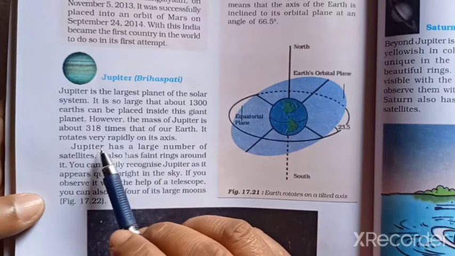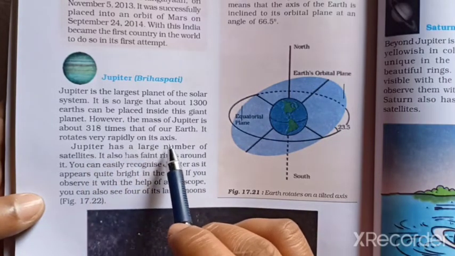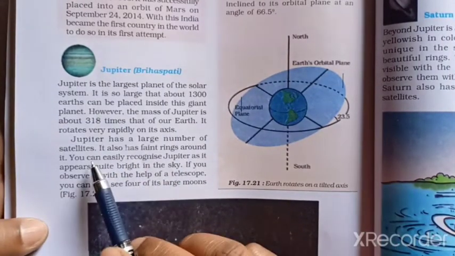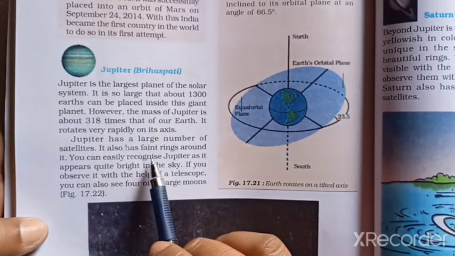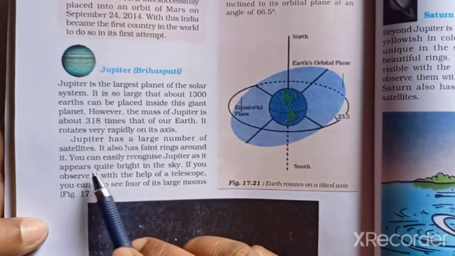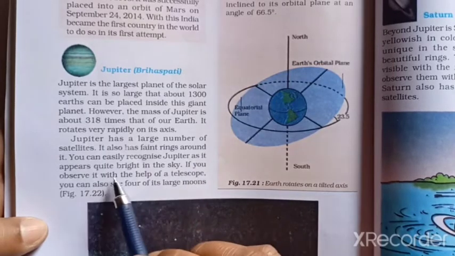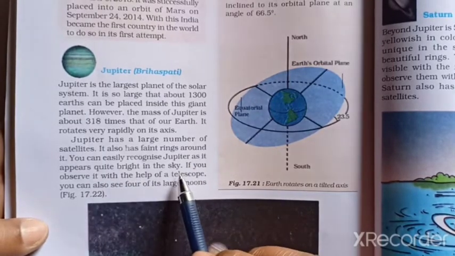It rotates very rapidly on its axis. So Jupiter has a large number of satellites. It also has faint rings around it. You can easily recognize Jupiter as it appears quite bright in the sky.